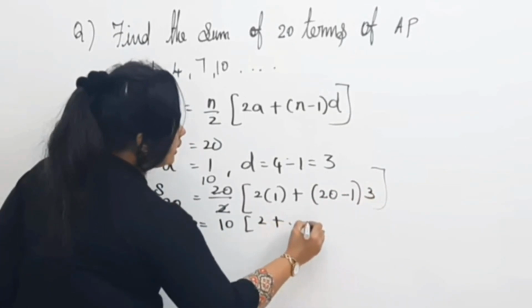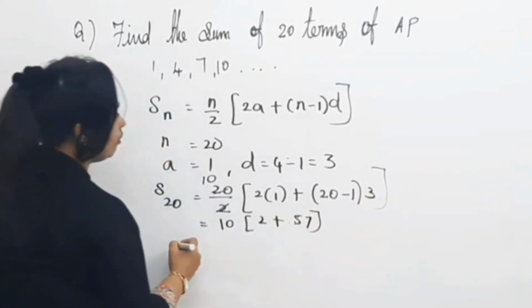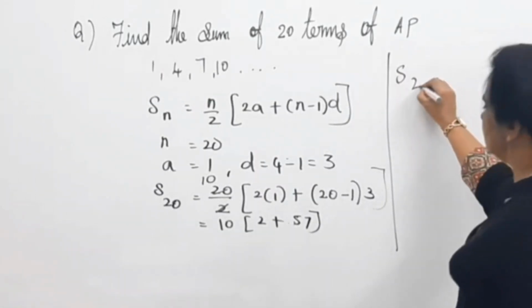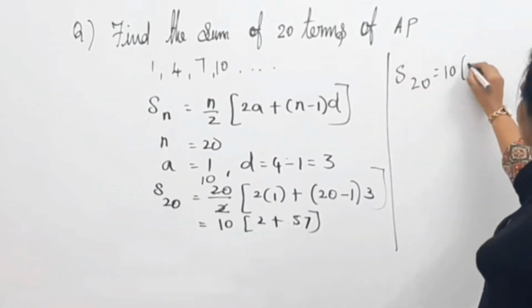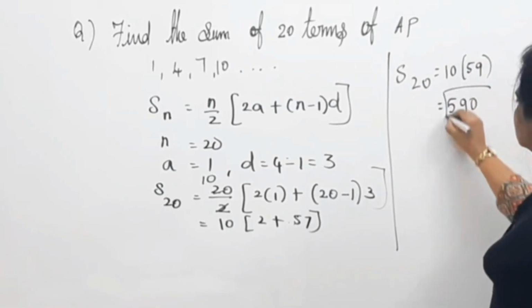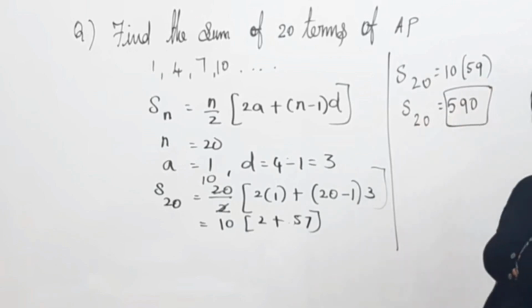So 19 into 3, 9 3s are 27, plus 2, 57. So I will have S20 is equal to 10 into 59, which is equal to 590. So adding 20 terms in this AP, I get the sum 590.